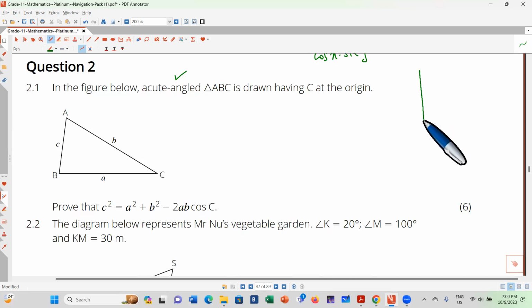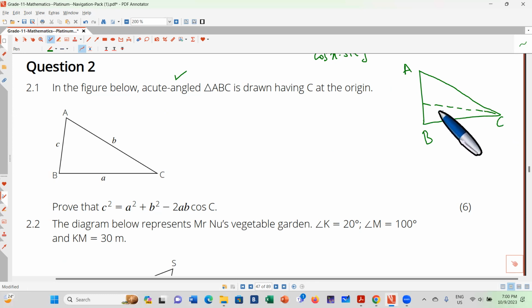Here we go. First you need to redraw this triangle. You redraw it like this, and then you put A here, you put B here, and then you put C there. You construct like this.